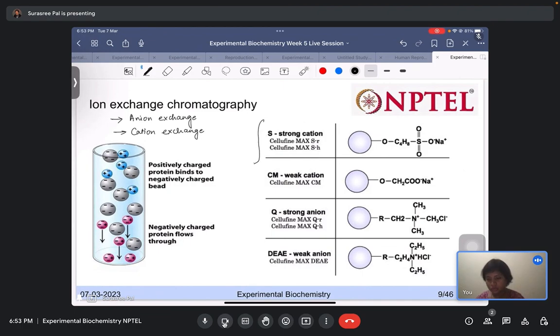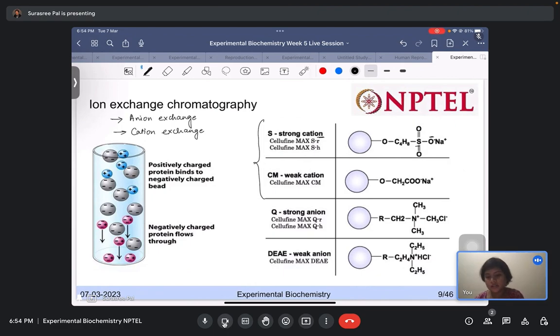So for the first two, you can see that this one is a sulfate based resin. Here you can see this sulfur atom. This is a sulfate derived resin, and sulfate is negatively charged, so the matrix will be negatively charged.